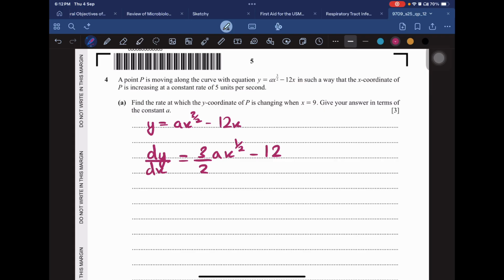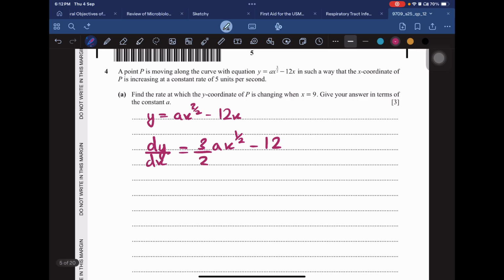Then they've given that the x coordinate of P is increasing at a constant rate of 5 units per second. That means that the change in x with time, the rate of change of x, which is dx upon dt, will be equal to 5, right?